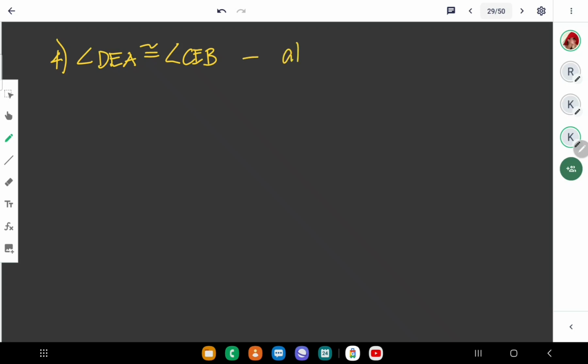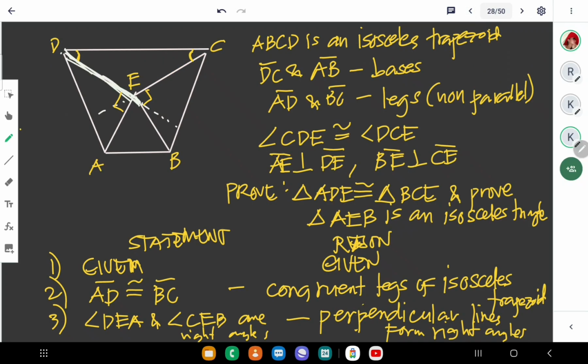Our reason will be all right angles are congruent. So we've already proven that angle DEA and CEB are congruent, and AD is congruent to BC.